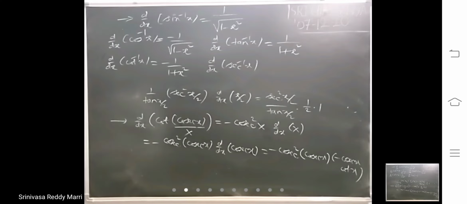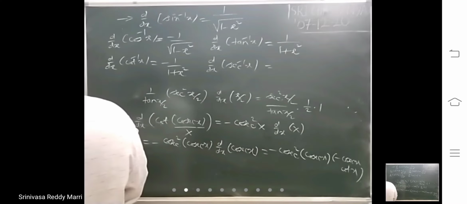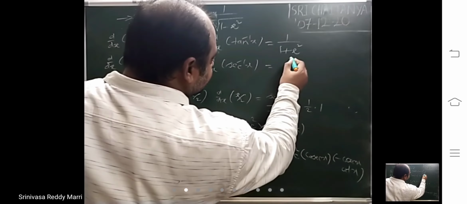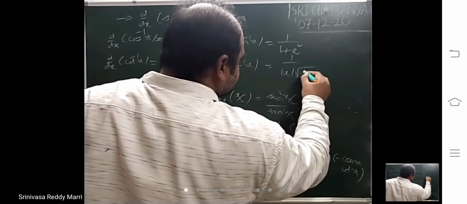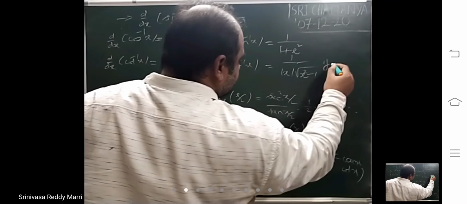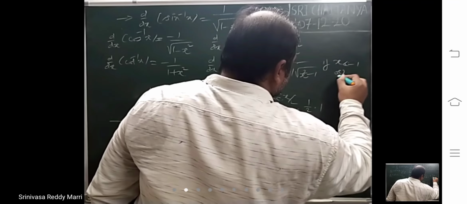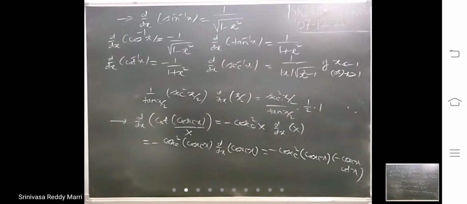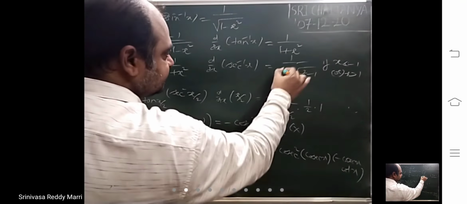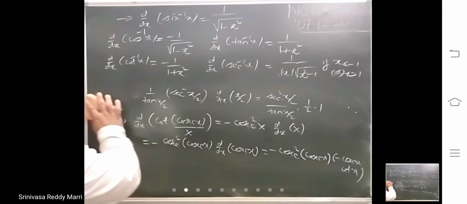So d by dx of secant inverse x, the basic formula is 1 by modulus x into root of x square minus 1.